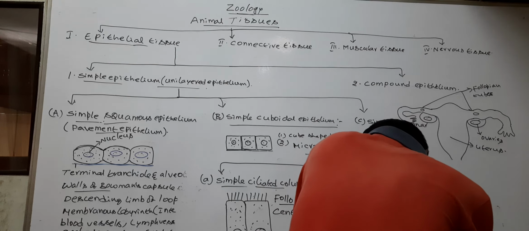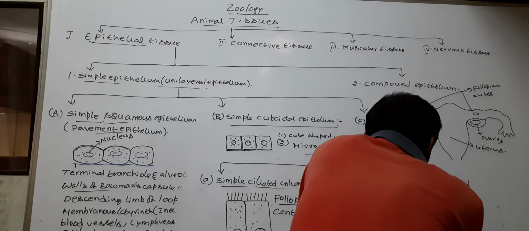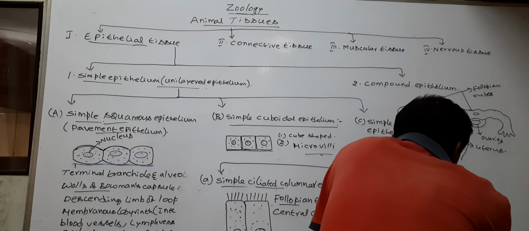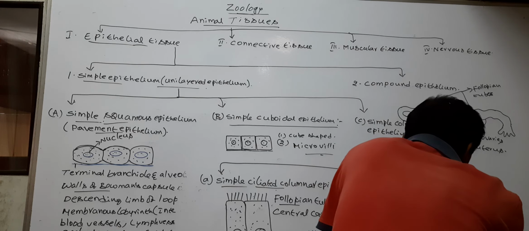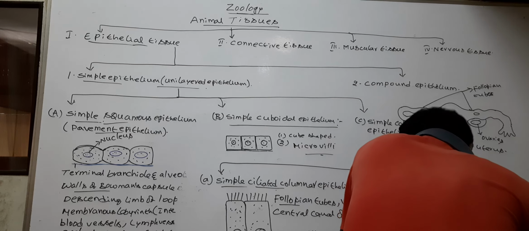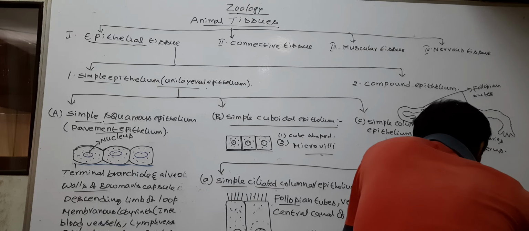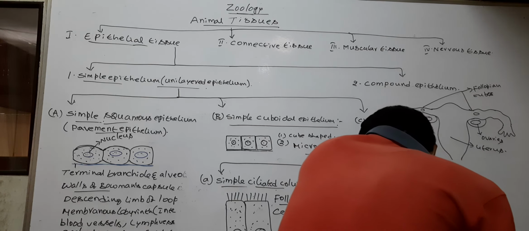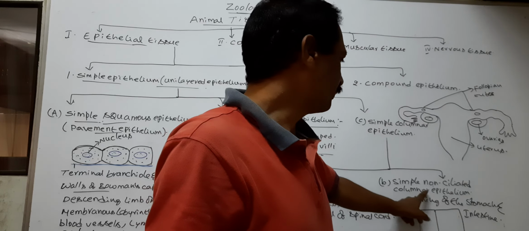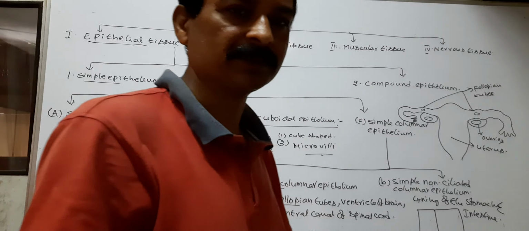It is found in the lining of the stomach and intestine. The simple non-ciliated columnar epithelium is located in the wall of the stomach and intestine.